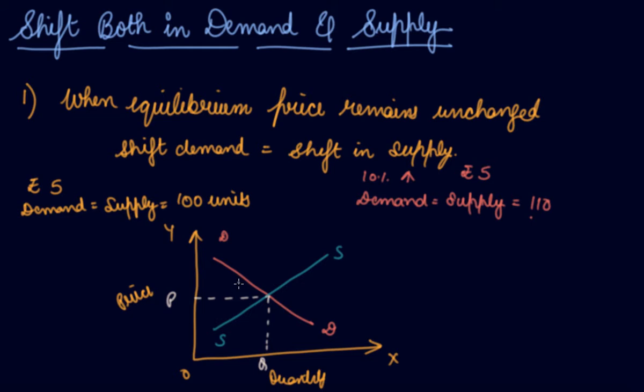Now, you want your price to remain unchanged, which means your demand and supply have equal effect in their shifts. Actually, what happens first is your demand shifts, then your supply shifts, and then you have your equal price. There is a parallel and equal shift in your supply and demand.